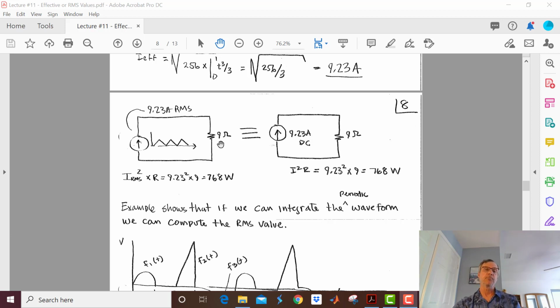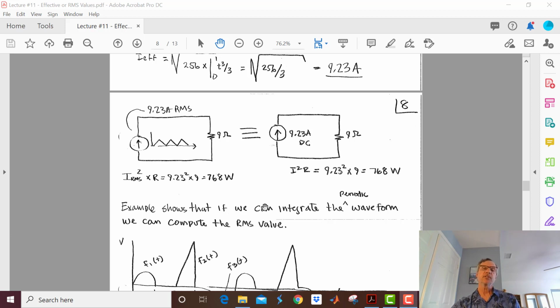Equivalently, I can say put 100 ohms here and 100 ohms here. You'll get the same power. Put 1,000 ohms, you'll get the same power. Why? Because the effective value is a function of only the current source.